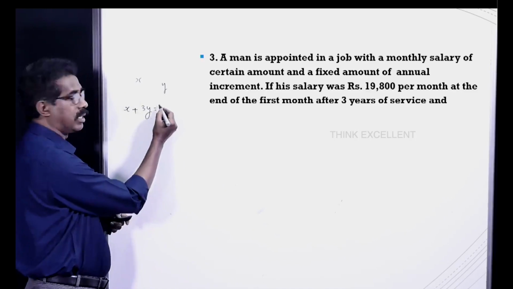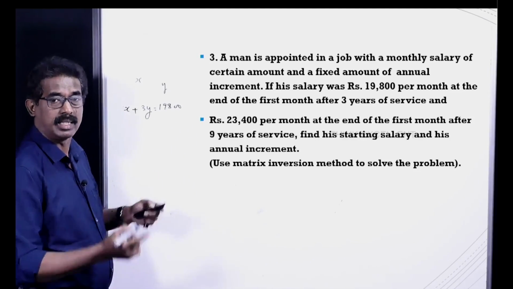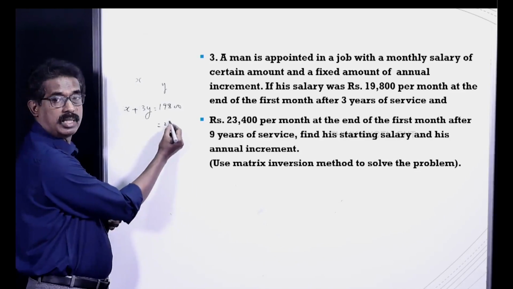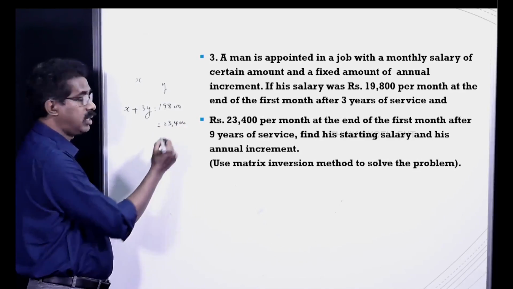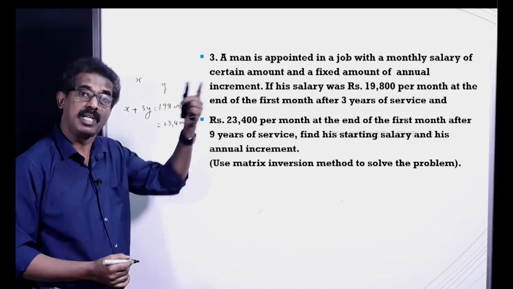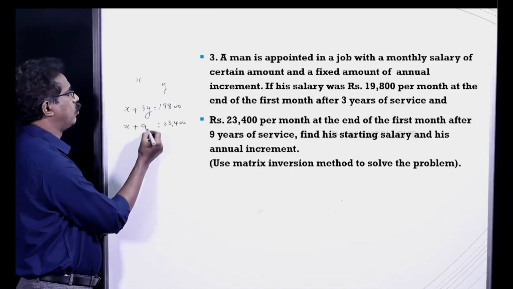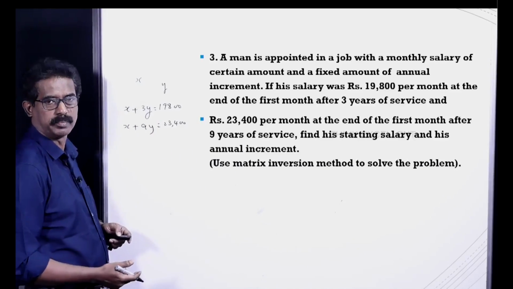And his salary is 19,800. So that is one equation. And another thing they gave, he is getting 23,400 at the end of the first month after 9 years of service. 9 years of service, 9 times increment, x plus 9y. That's all, the two equations.